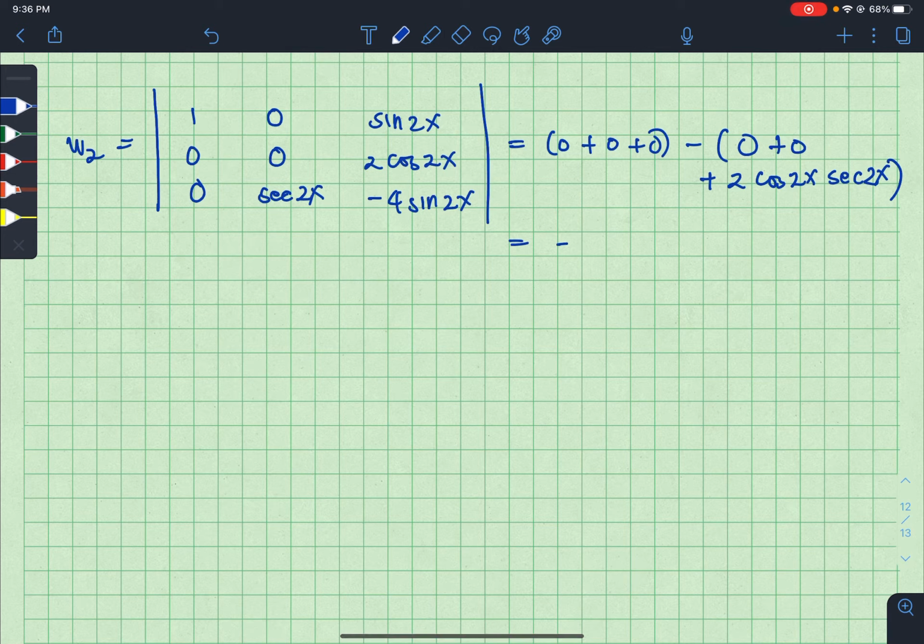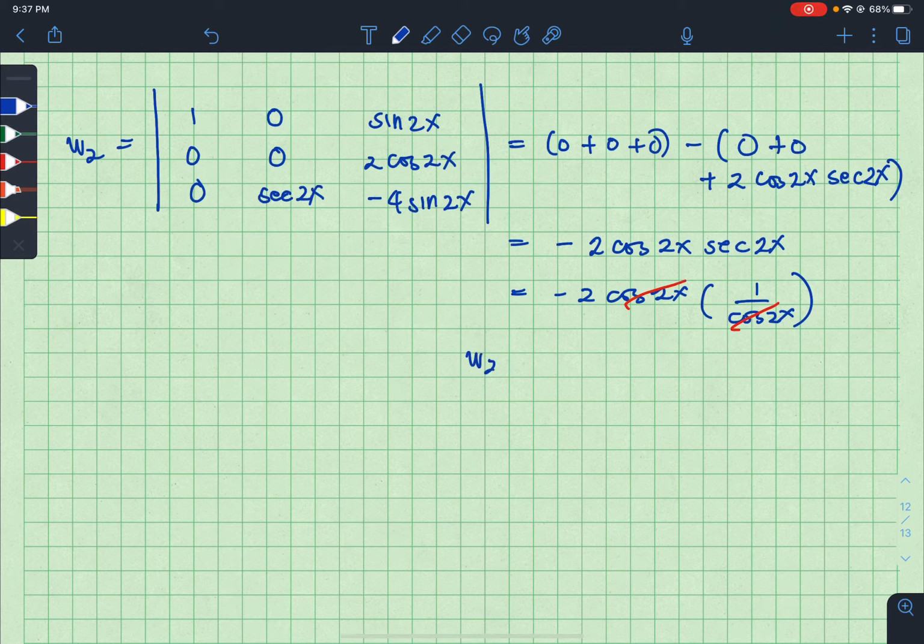We just have a negative 2 cosine 2x secant 2x. However, secant 2x is 1 over cosine. So negative 2 cosine 2x times 1 over cosine 2x, that would cancel out. So therefore, our W sub 2 is just equal to negative 2.